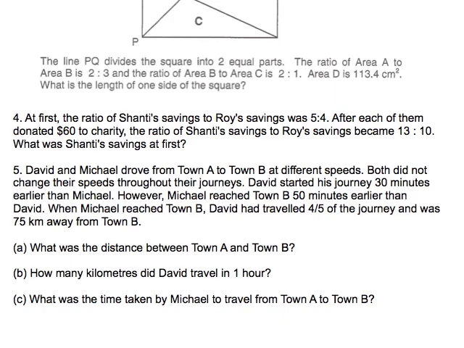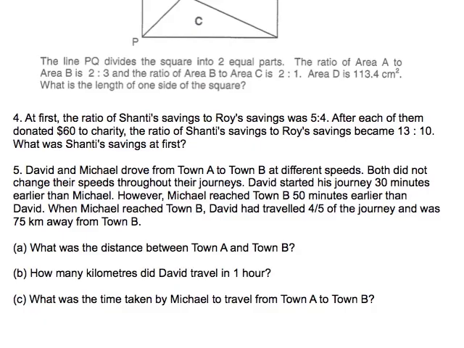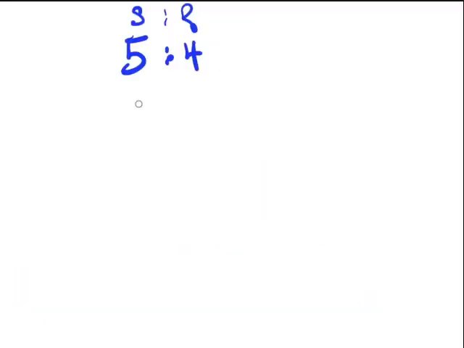Alright, so here we are given two ratios. The first one was 5:4. The ratio of Shanti's to Roy's, so S to R. And the other one was 13:10. So we are given two ratios.